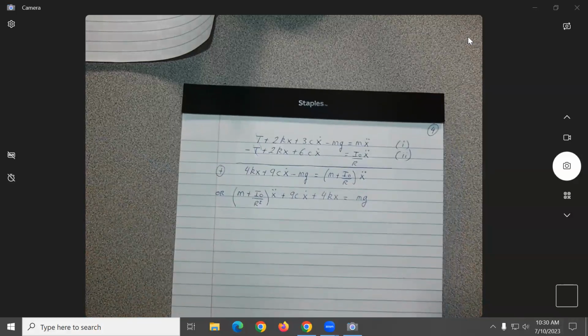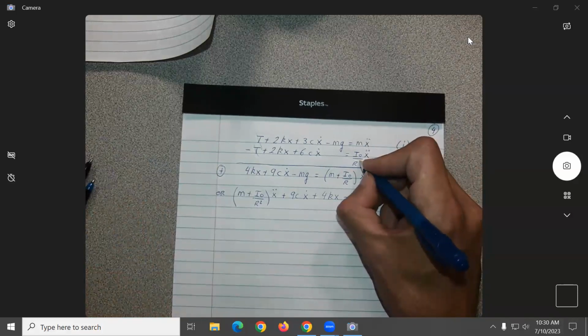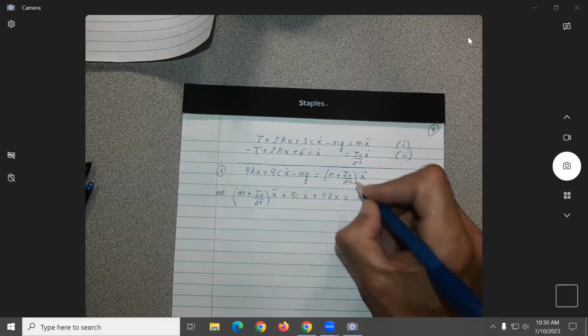Is the R on the line before that supposed to be squared as well? Yes, I forgot to put the square. So square here and square over here. Thank you.